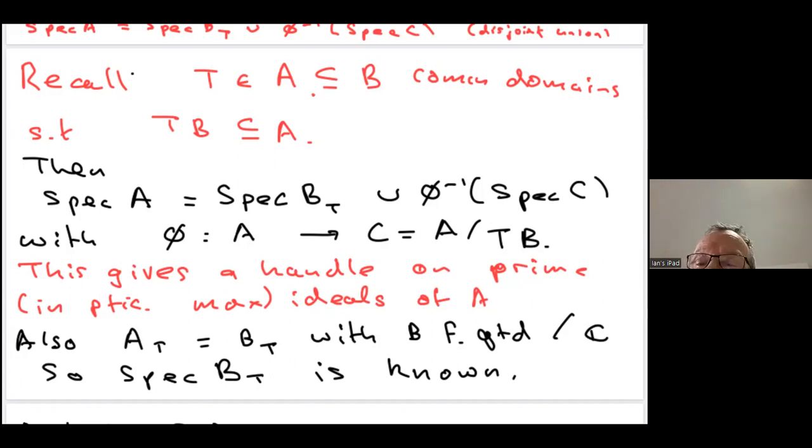So we know what Spec of B_t looks like, and we need another ingredient to deal with Spec of C.